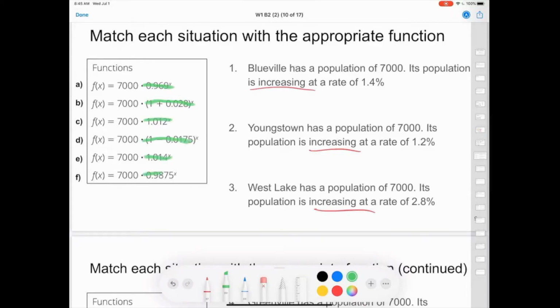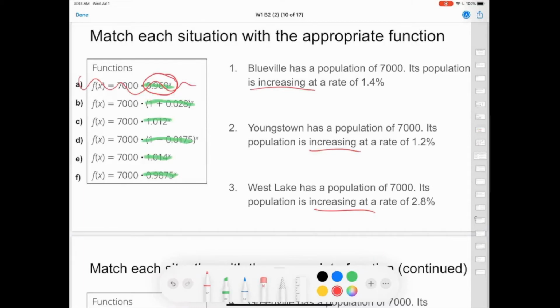So these are all B values. And remember, your B value is increasing if your B value is bigger than 1. Okay, so I'm going to look through these. Just by looking at the first one, that number is not bigger than 1, 0.969. So I'm going to cross that out because I know that's not increasing.